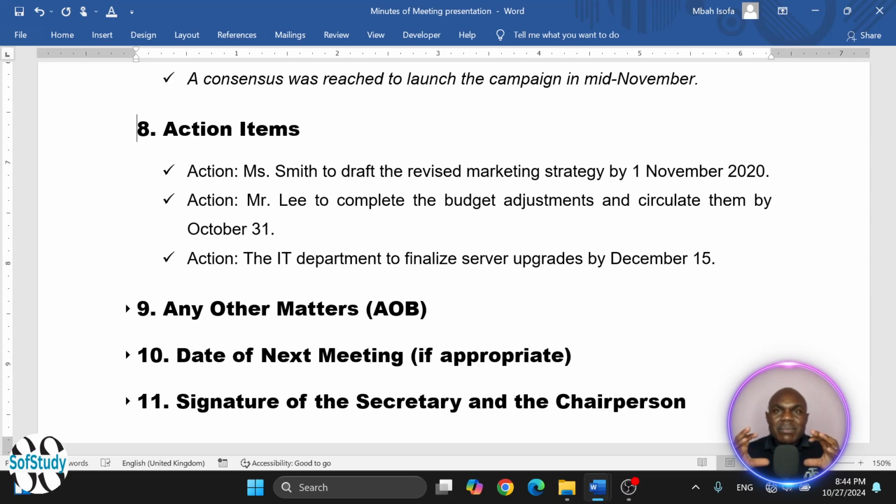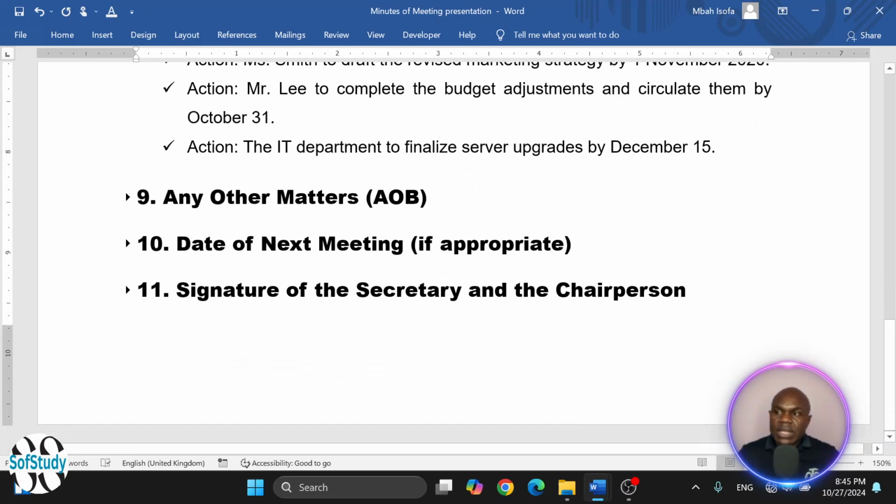I see minutes being prepared with the secretary signing to the left and the chairman signing to the right. Though it is not wrong, the format recommended for administrative drafting in English is for the secretary to sign, and directly below the signature of the secretary comes the signature of the chairman.